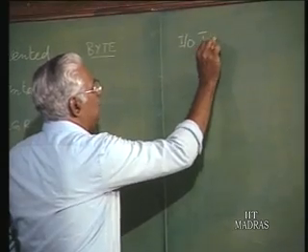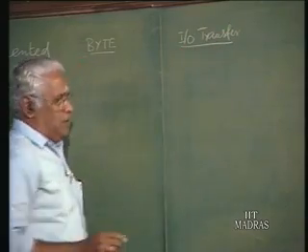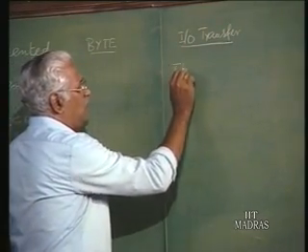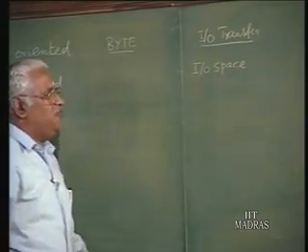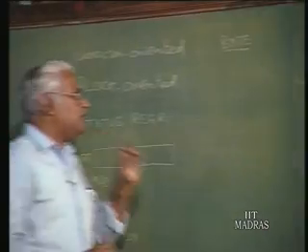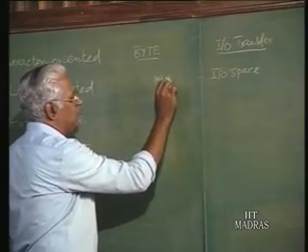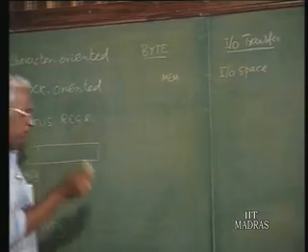In the I/O transfer, how exactly do you split the I/O space? What do you mean by I/O space? That is, we have a total memory space given by the address. We have, say, an n-bit address.